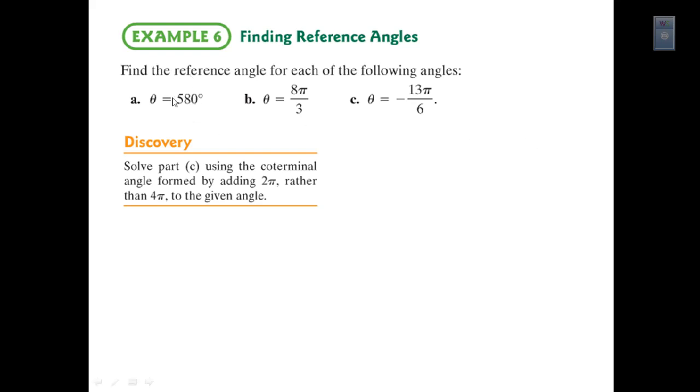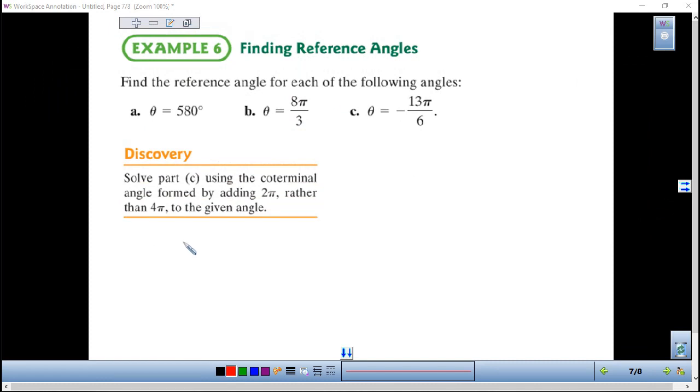So for instance, we had the angle 580 degrees, larger than 360. So I want to find a coterminal angle. I'm going to subtract 360. If I subtract 360, I'm going to get 220.